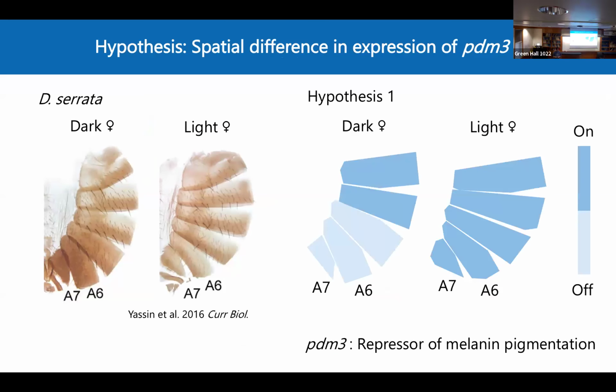So based on that fact, I had a hypothesis to explain the phenotypic differences between the dark fly and light fly. Hypothesis one: PDM3 is not expressed at the place of pigmentation, and it's expressed at the place where the light phenotype is observed.